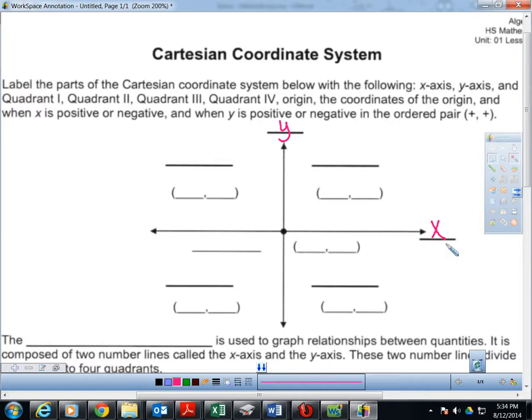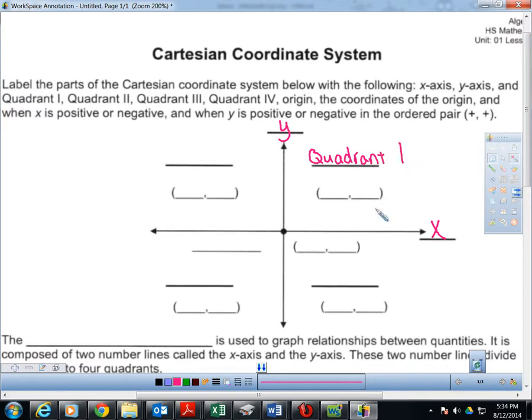After that, because of those two axes, we have 4 quadrants. It splits up our graph into 4 places. We call those quadrants because there's 4 of them. And the first quadrant is right here, quadrant 1. It's always quadrant 1.